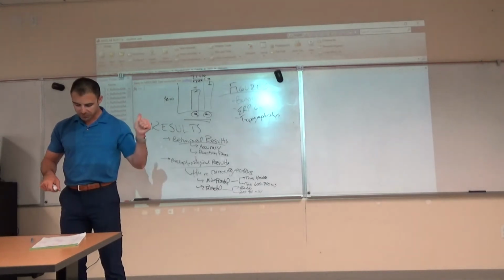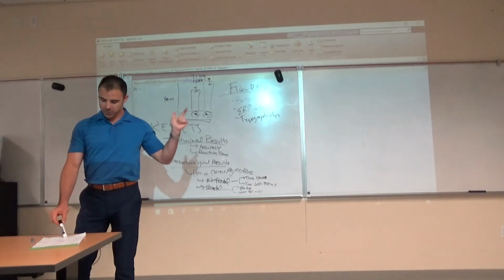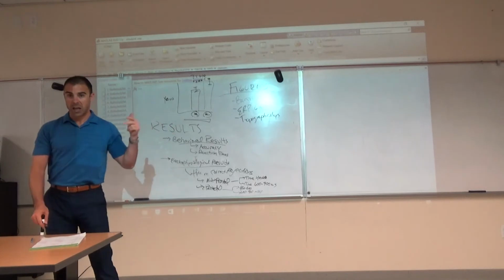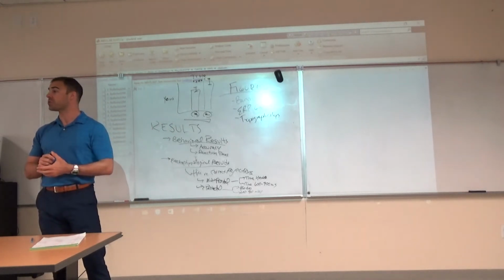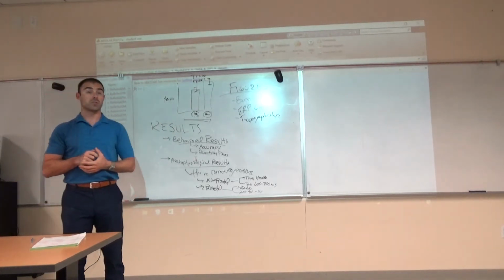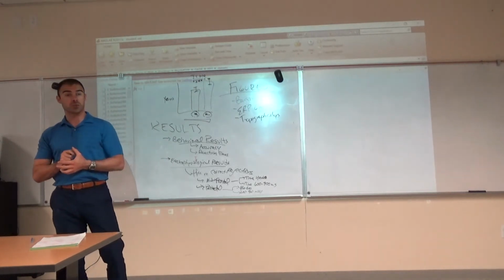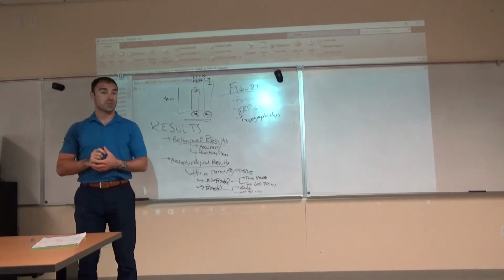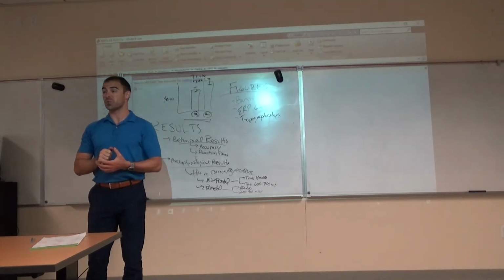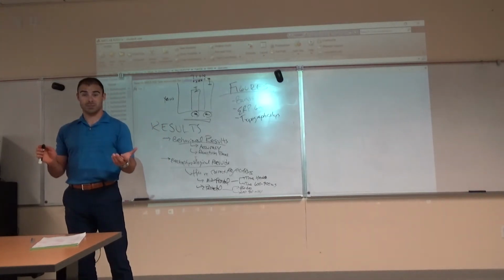Okay, so we got the figures, we got the results, we've got the references. The abstract should have about a sentence or two for each section. So your abstract should have a sentence or two of introduction, a sentence or two of methods, a sentence or two of your results. No statistics.